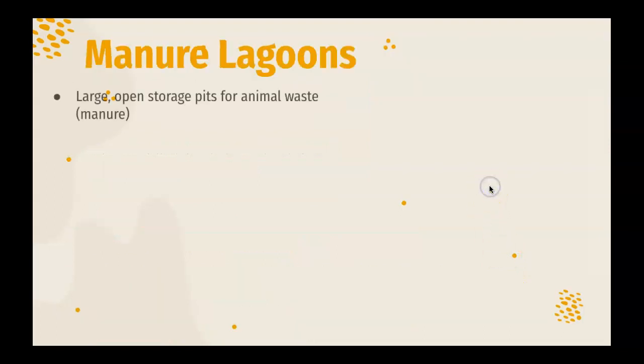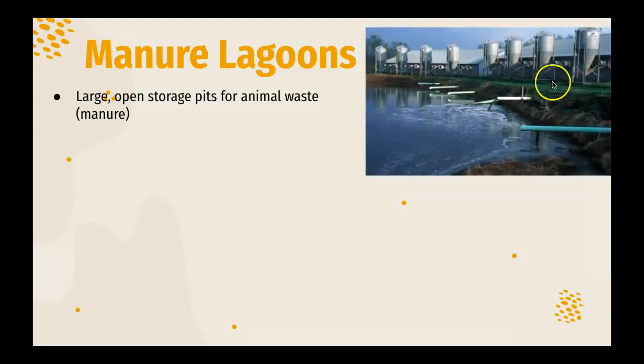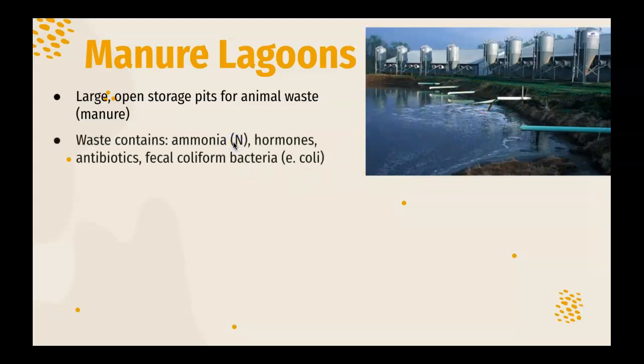So a little bit more about these manure lagoons. These are large, open, essentially storage areas where you're going to take the waste from these chicken houses, perhaps, or their hog houses, and you're going to pump the waste products through pipes into these manure lagoons. The waste from these organisms contains ammonia, which is a very concentrated source of nitrogen.